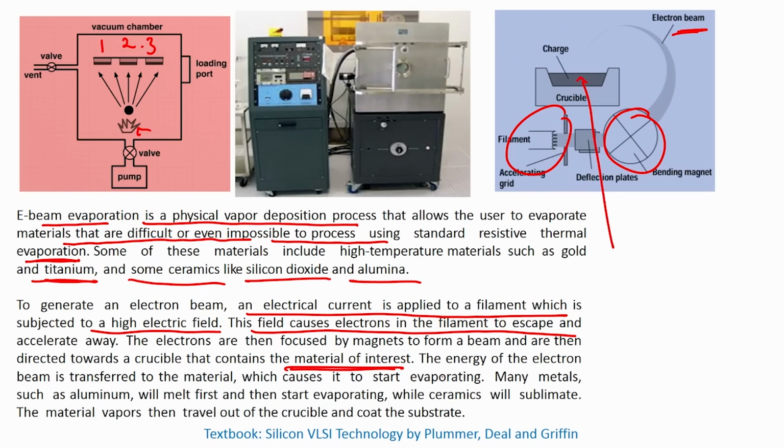right, material of interest. The high energy of the electron beam is transferred to the material which causes it to start evaporating. Many metals such as aluminum will melt first and then start evaporating, while ceramics will sublimate first, right. In case of metal like aluminum it will melt, but in case of ceramics it will sublimate, right.